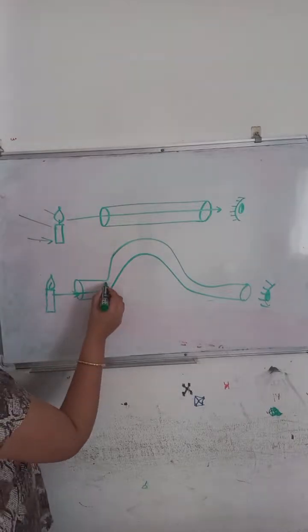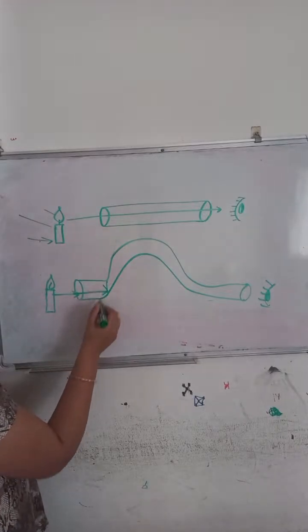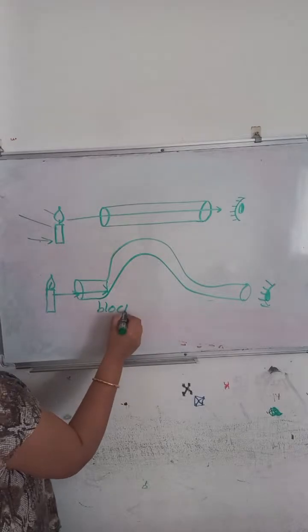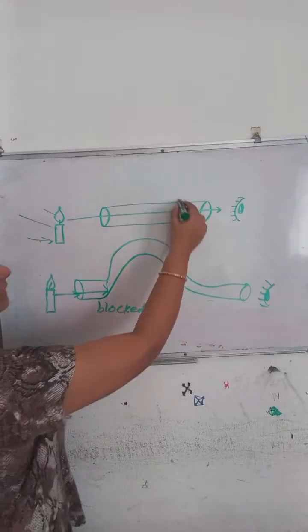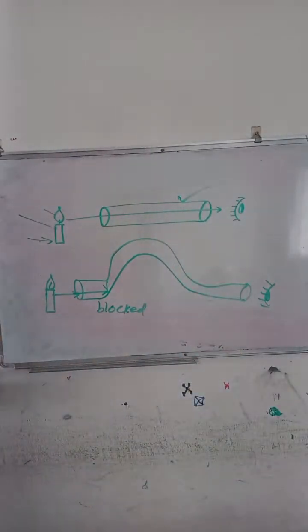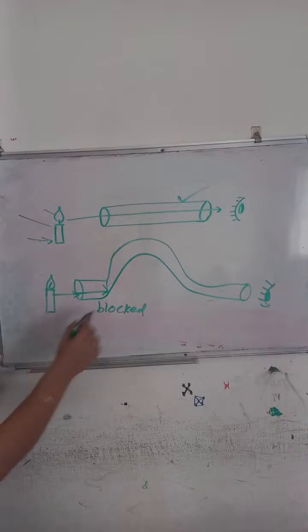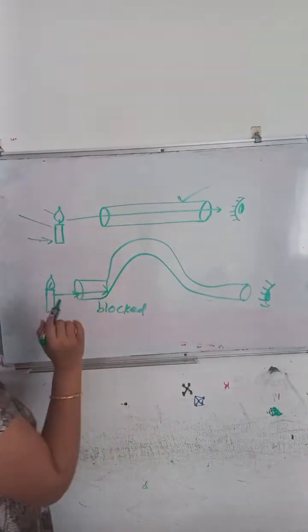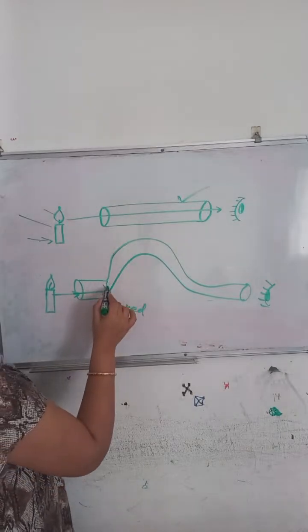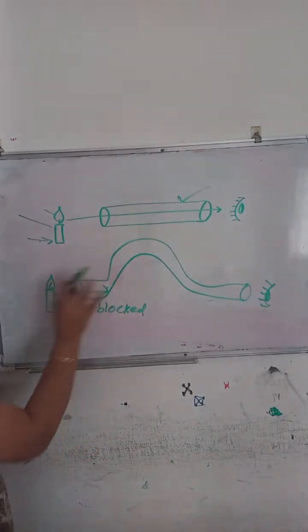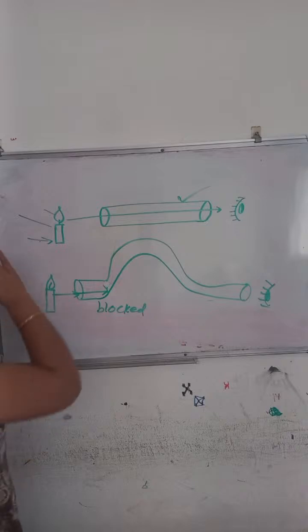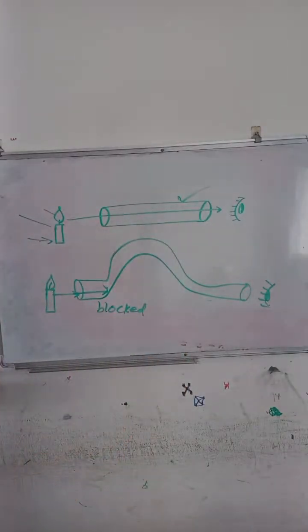Light can travel up to here, then it gets blocked over here. In the first case he is able to see the flame, but here he cannot see the flame, because the light gets blocked in this part. So that means light is traveling in a straight line direction.